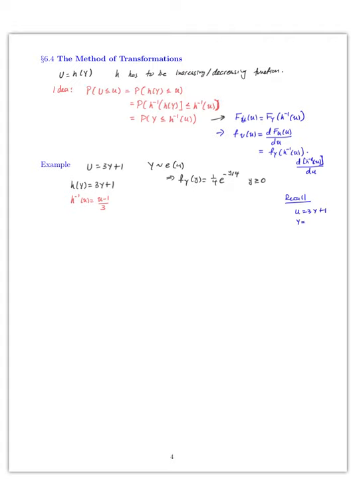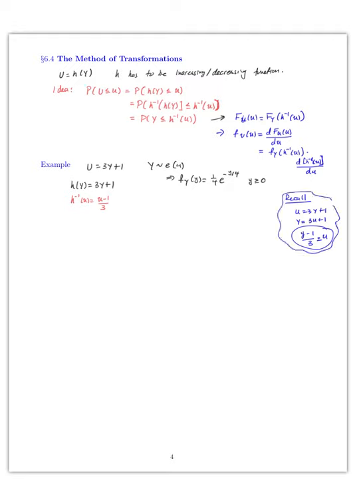You swap x for u, and then you solve for u. So y will be u minus 1 over 3. So this will be the inverse function, which is what we have right here.